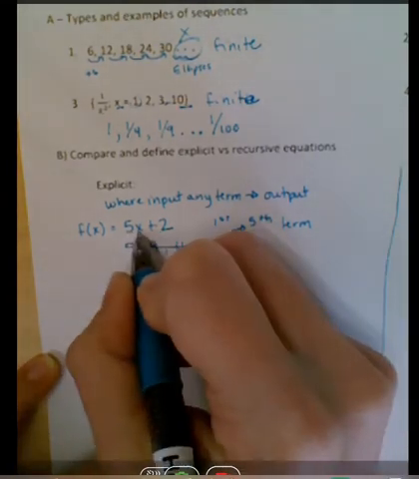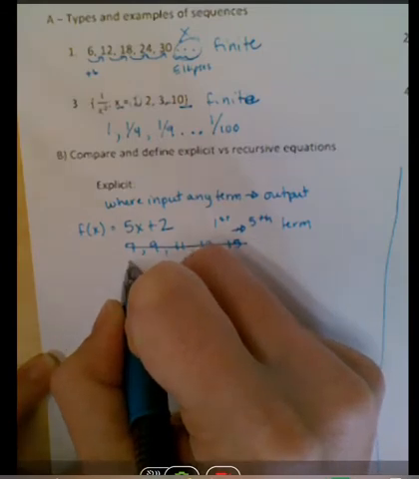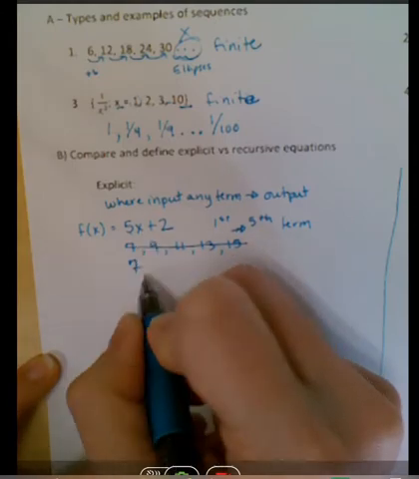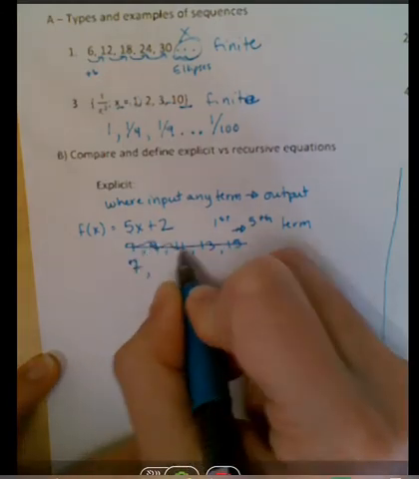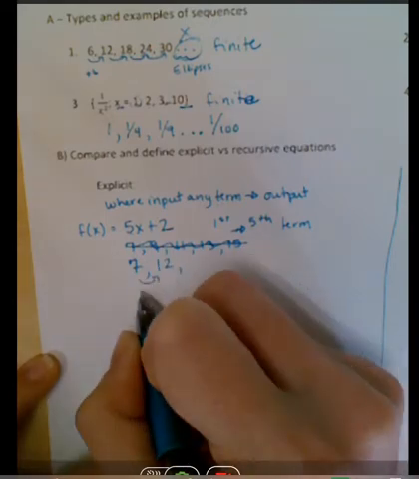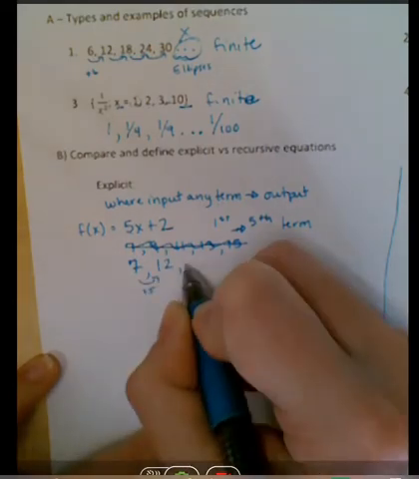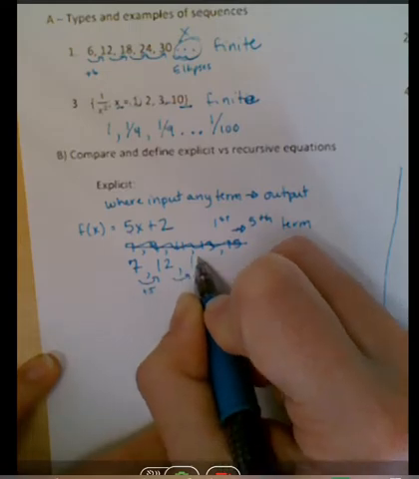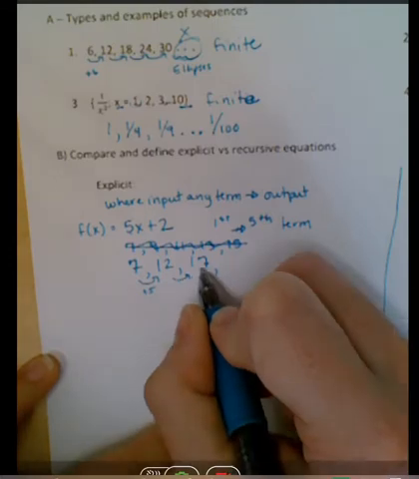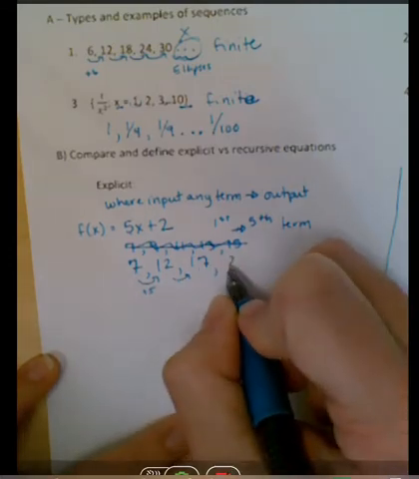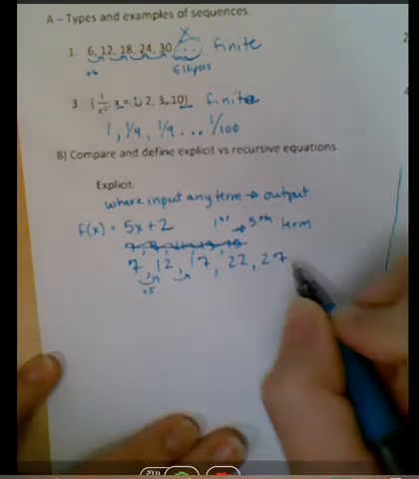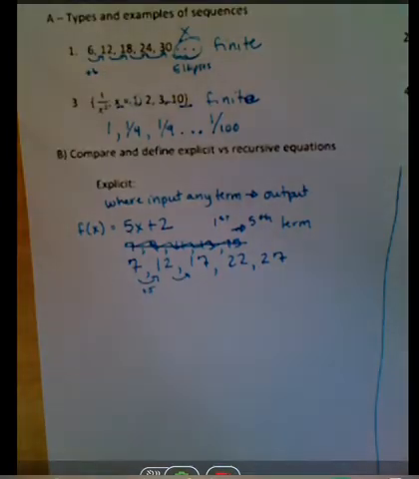So I would plug in 1 for n and get 5 times 1 plus 2 is 7. 5 times 2 is 10, 12. Now we're actually adding 5 from step to step. So second, third, fourth, and fifth. Okay. So explicit.